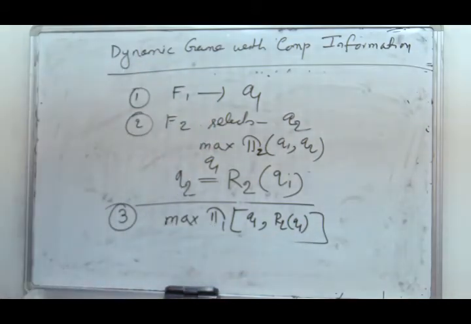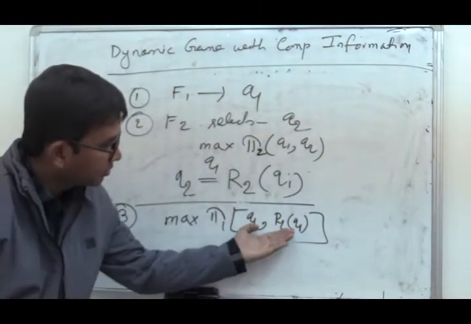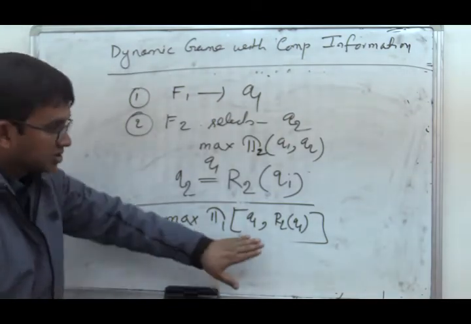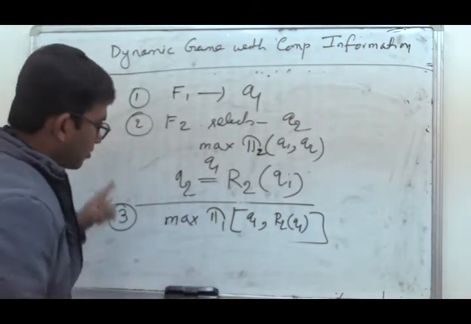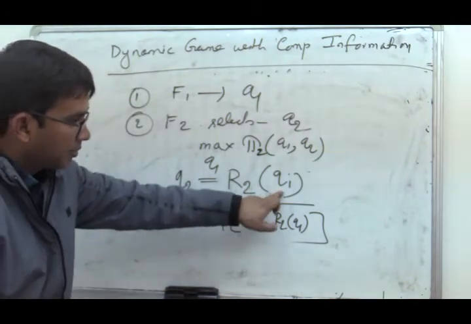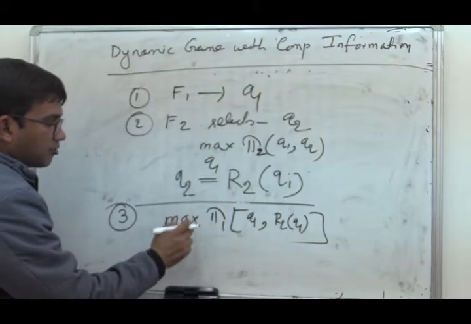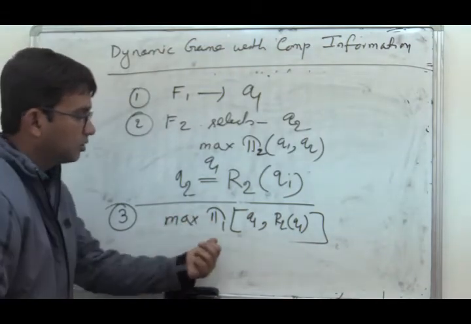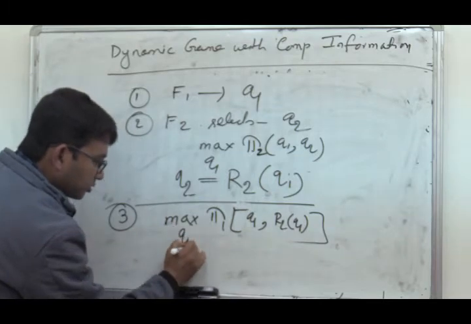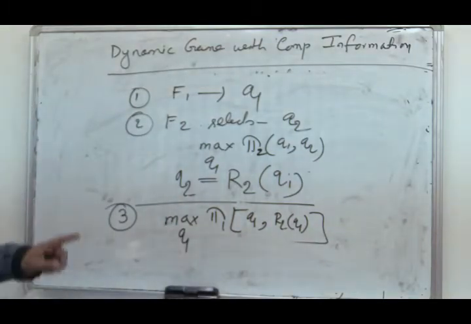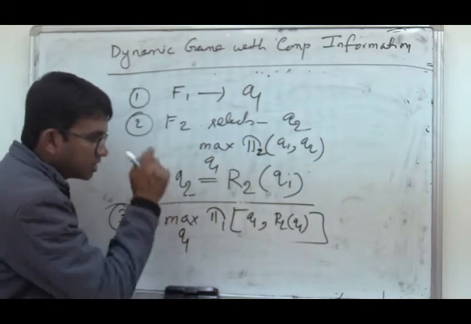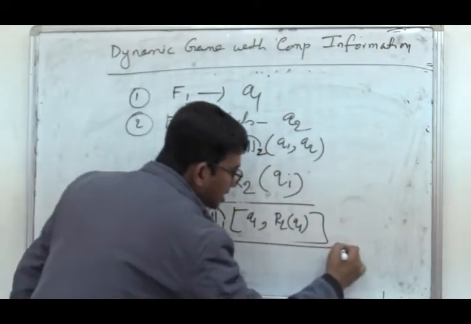Ultimately, this is the concept of backward induction. Firm 1 knows that firm 2's output will depend upon its own output. So firm 1 will try to maximize its profit with respect to Q1. So it has to find the optimum value of Q1 which maximizes its payoff.